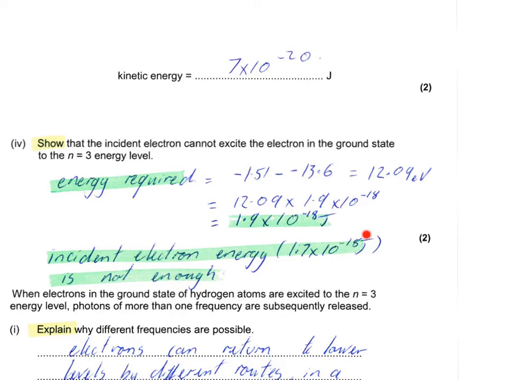Get that into joules so I can make the comparison with the energy of the incoming electron, and it's 1.9 times 10 to the minus 18. That is more than the 1.7 times 10 to the minus 18 that the incident electron has got, therefore it can't happen. To do the transition up to n equals 3, I'd need that much energy. Can't happen.